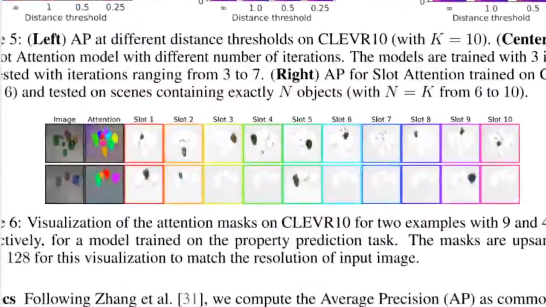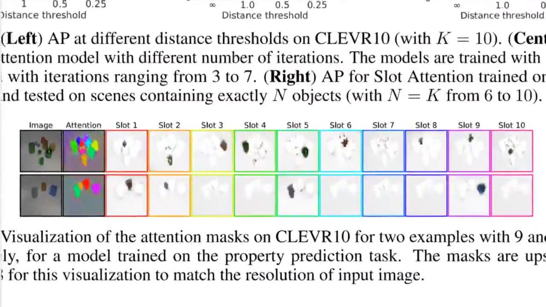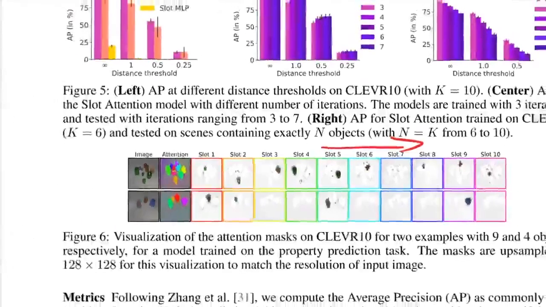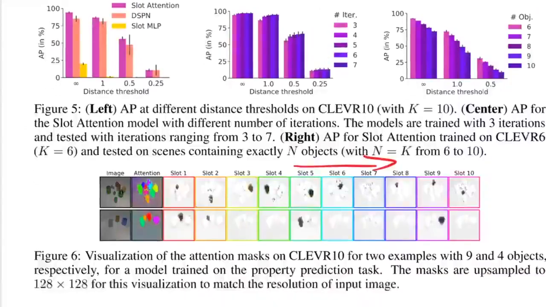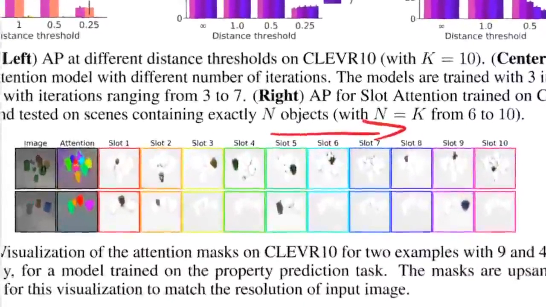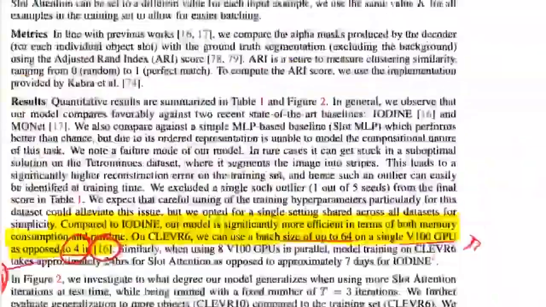Because, for example, these slots here, they are trained to also absorb the background, right? So you can technically, at inference time, increase the number of slots, even though you've trained with a few slots, right? You can increase the number of slots, and the model can just handle it, and they show it right here in these results.